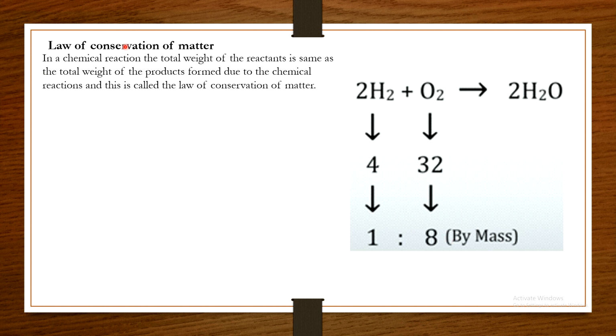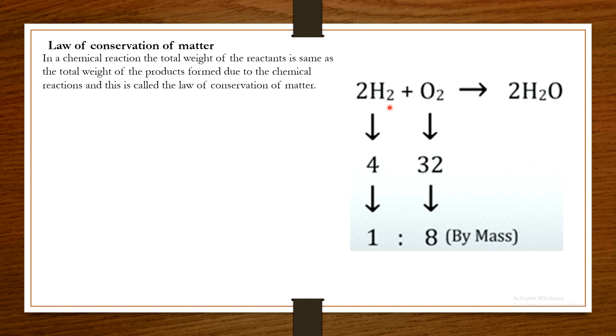So what is meant by the law of conservation of matter? In a chemical reaction, the total weight of reactants is the same as the total weight of the products formed. Here you can find out the molecular weight also.